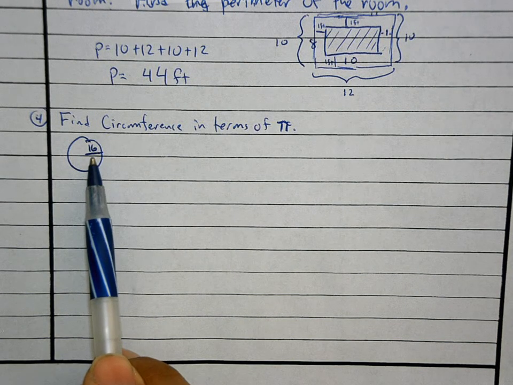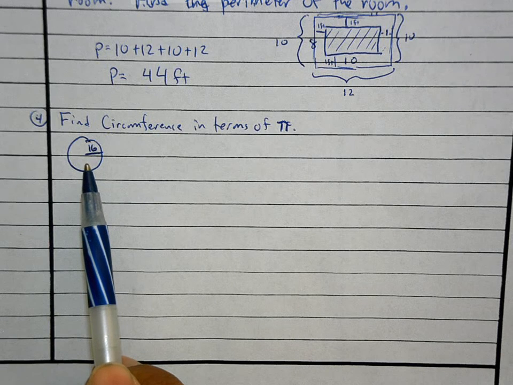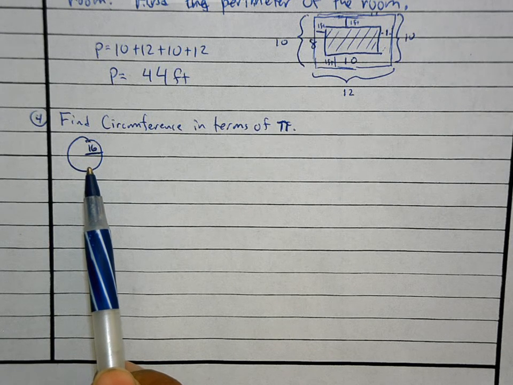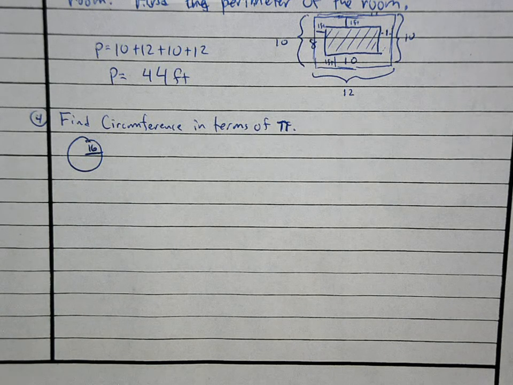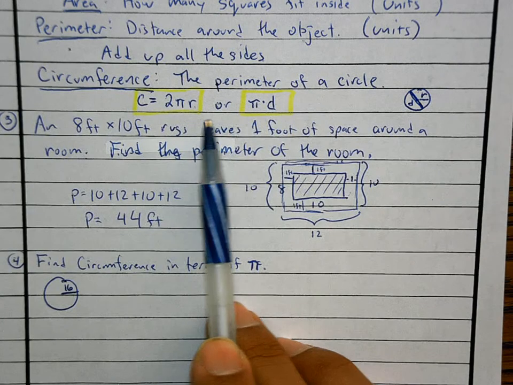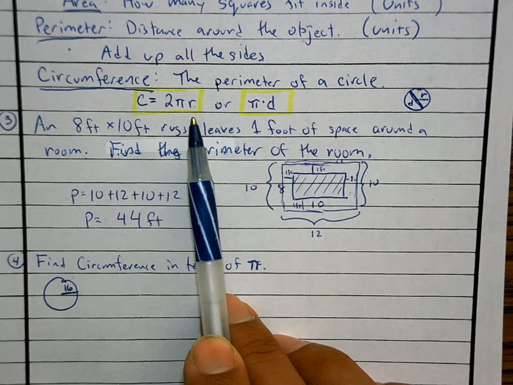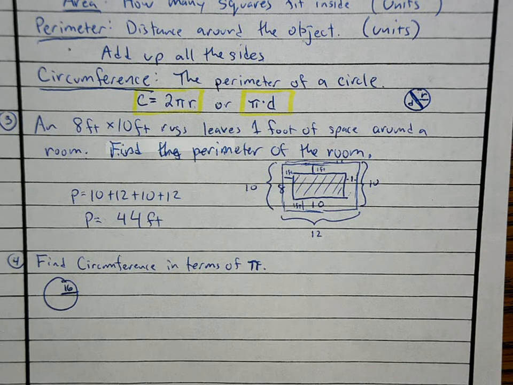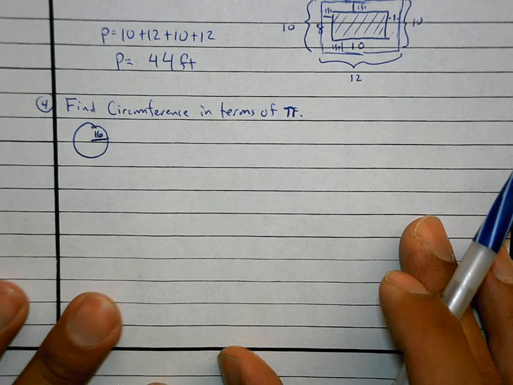First question I have for you, is this 16 a radius or a diameter? Radius. Okay, so if you're going to make a choice between this formula on the left for circumference or the formula on the right, which one are you going to choose? I'm glad you said the one on the left.